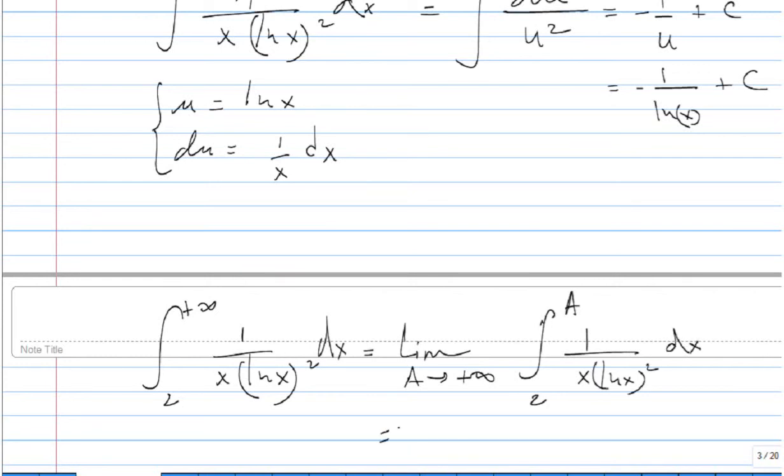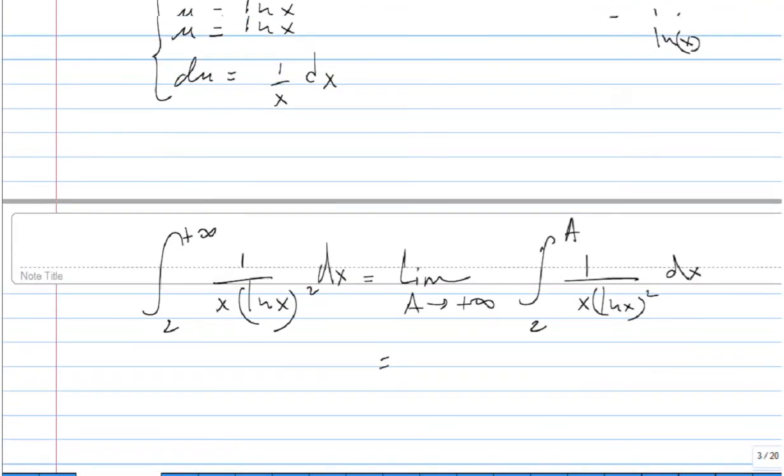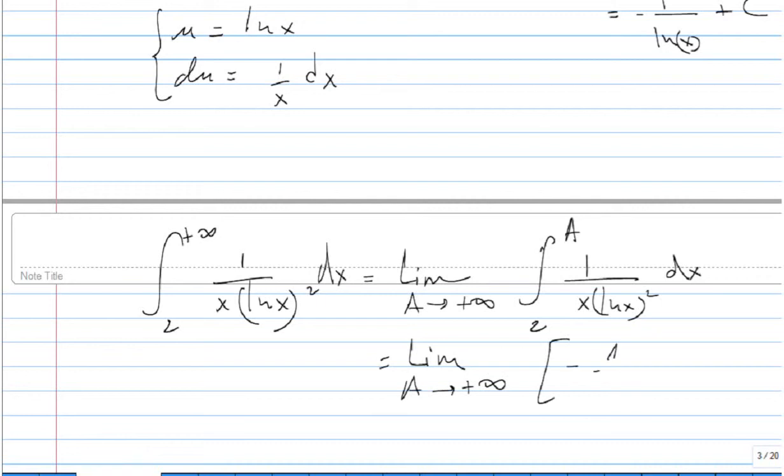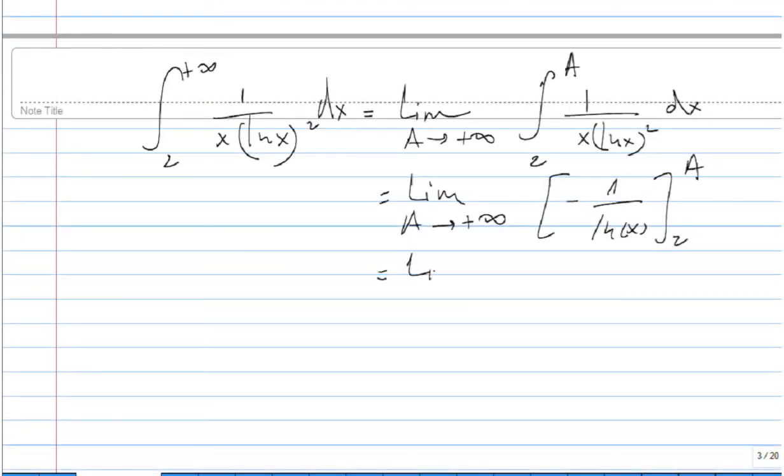And since we know how to integrate, this is the limit as a goes to plus infinity of minus 1 over ln of x between 2 and a, which gives us the limit as a goes to plus infinity of minus 1 over ln of a minus, minus, plus 1 over ln of 2.